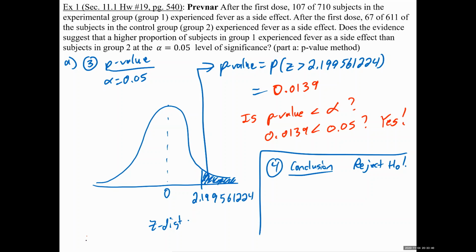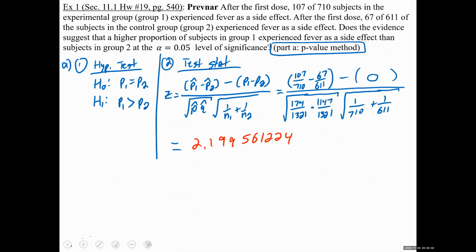Now, what does it mean to reject H0? Let's go back. Reject H0 means we're not believing the king anymore. We're siding with the peasant. The king is saying that the percentage of people that get a fever is the same for the Prevnar group and for the placebo group. The peasant is saying the percentage of people who get a fever from Prevnar is higher than for the placebo group.